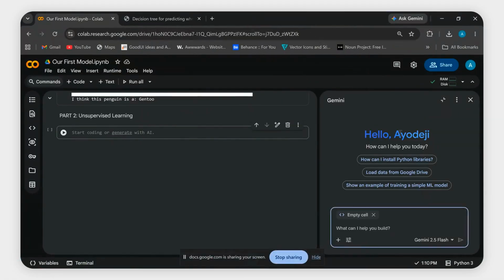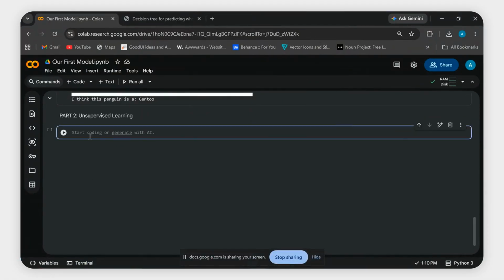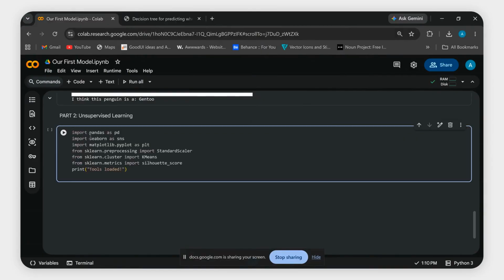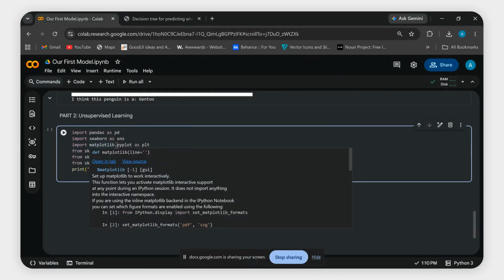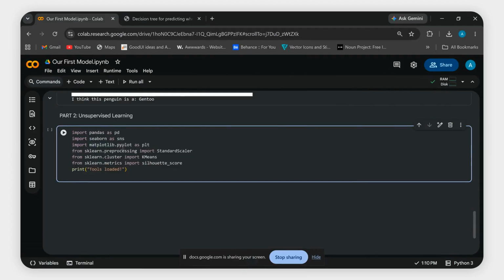Yes, this is our Google Colab again. So part two, unsupervised. I explained import pandas in part one, import seaborn, import matplotlib. You can see that from the supervised learning, three things have changed. We are using sklearn preprocessing, which is the StandardScaler, just like I mentioned earlier, that we need to scale.